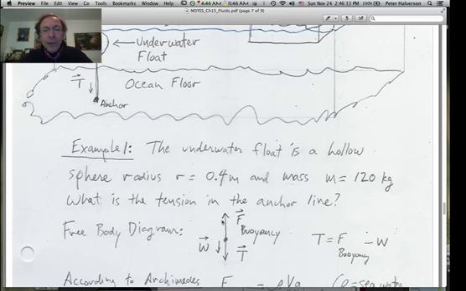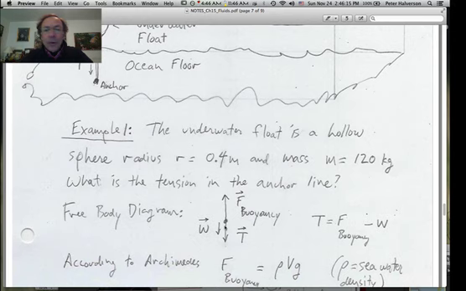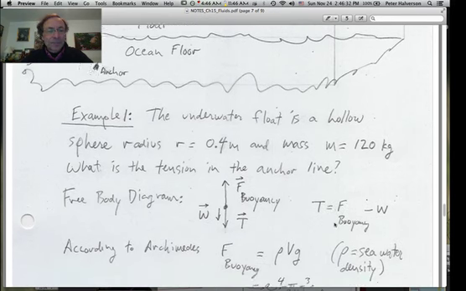Then the upward vector is the buoyancy. So the tension is going to be given by the buoyancy force minus the weight, because the weight is helping hold the float down.